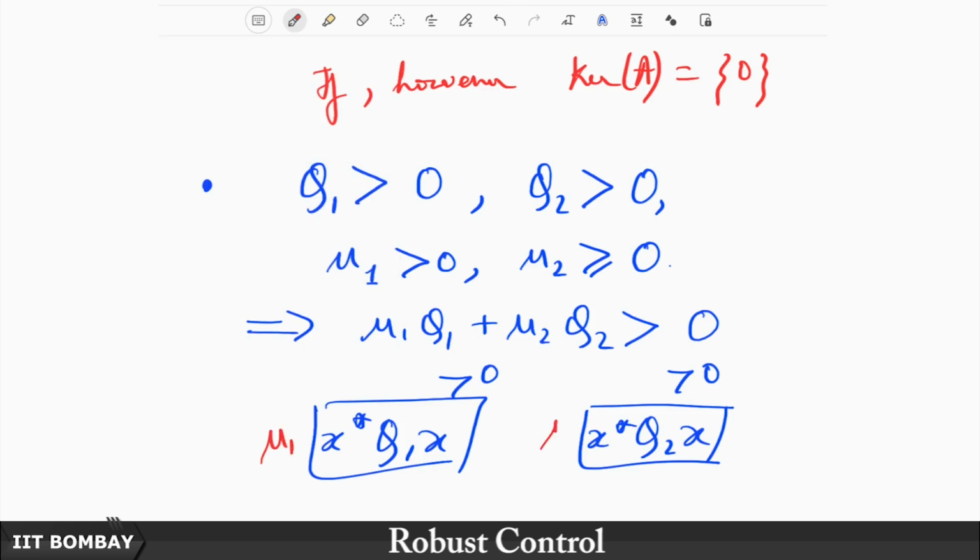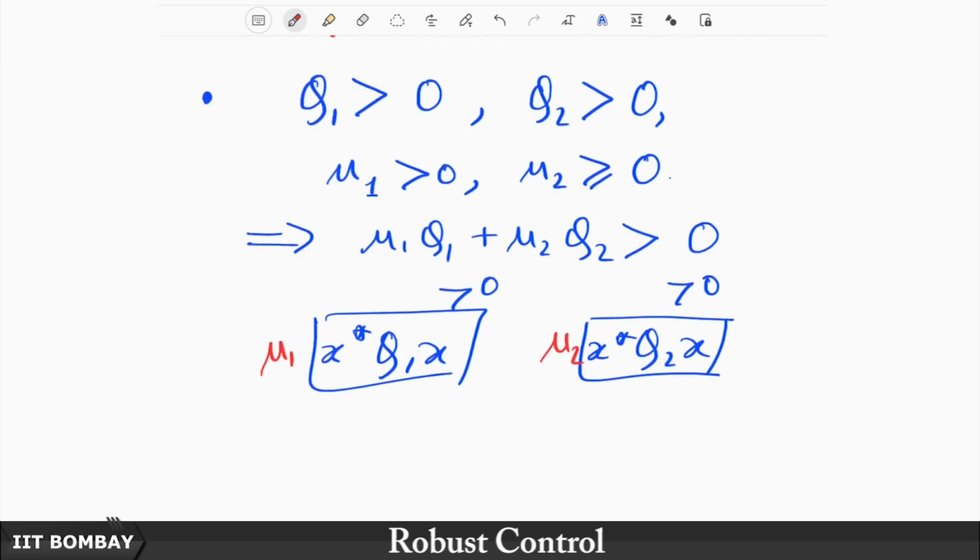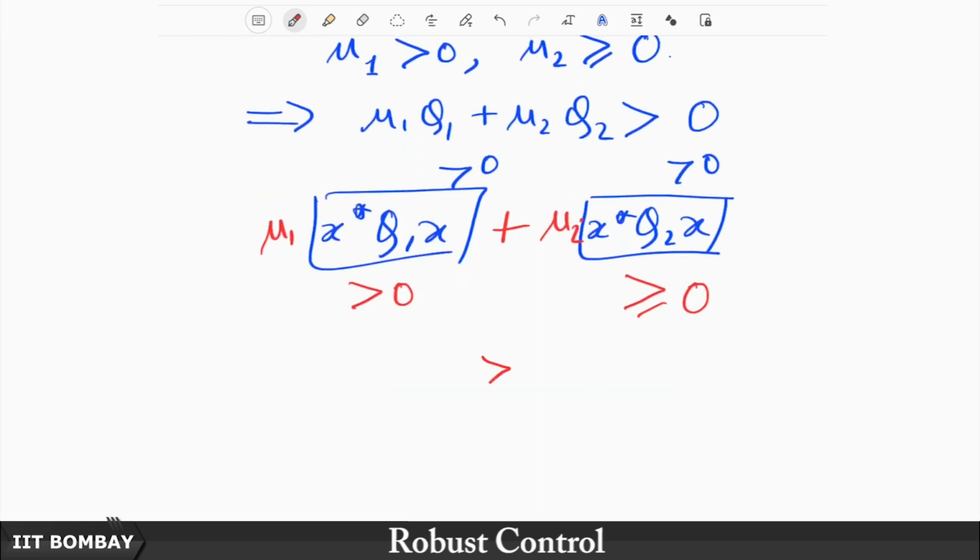If mu1 is positive, then this is strictly greater than 0. If mu2 is non-negative, then this is greater than or equal to 0. But you have the sum now of a strictly positive entity and a non-negative entity, so the net resultant must be greater than 0.